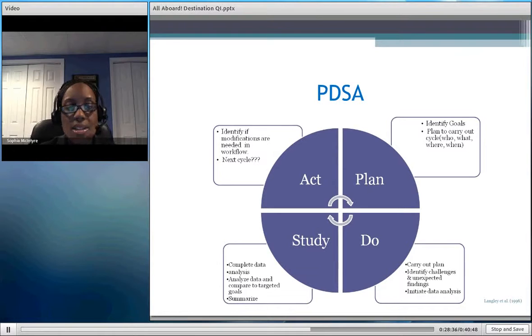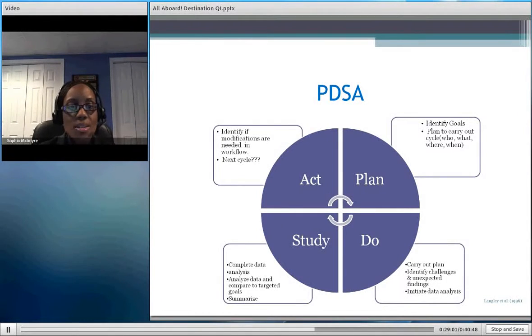You're analyzing the data to compare to targeted goals. You want to compare yourself as a provider to your organization, or even to maybe national benchmark. How do you compare? Are there some areas that can be improved? And as you're completing the data analysis, you're really summarizing where you are in patient care and improvement.